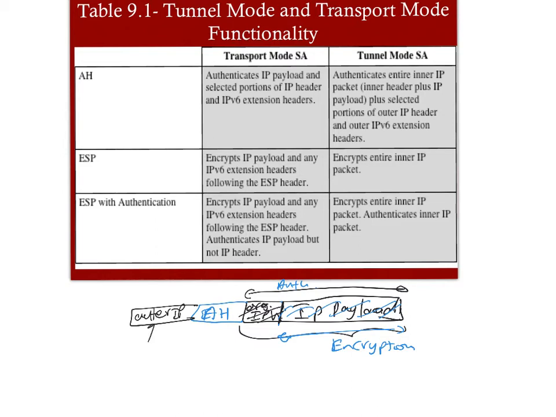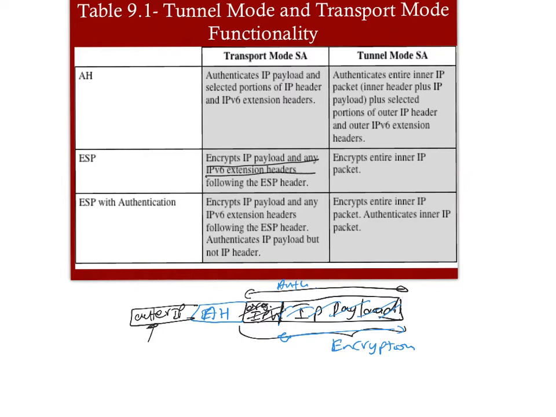So the routing inside the tunnel will be done based on the outer IP header, not on the original IP header. The original IP header shows the source address and destination address of the hosts, right? But we don't need this inside the tunnel. So you see that for authentication, you always have to include the header. But when it comes to encryption, it encrypts the IP payload only.